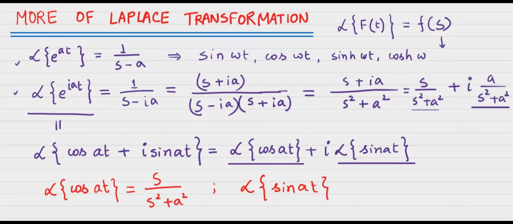So if we substitute that, we end up with half the Laplace transformation of e to the power at, minus half, in brackets, the Laplace transformation of e to the power minus at.